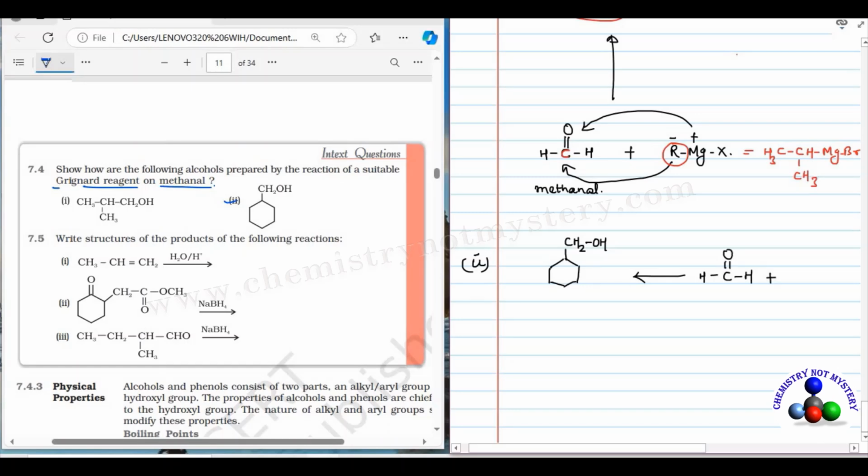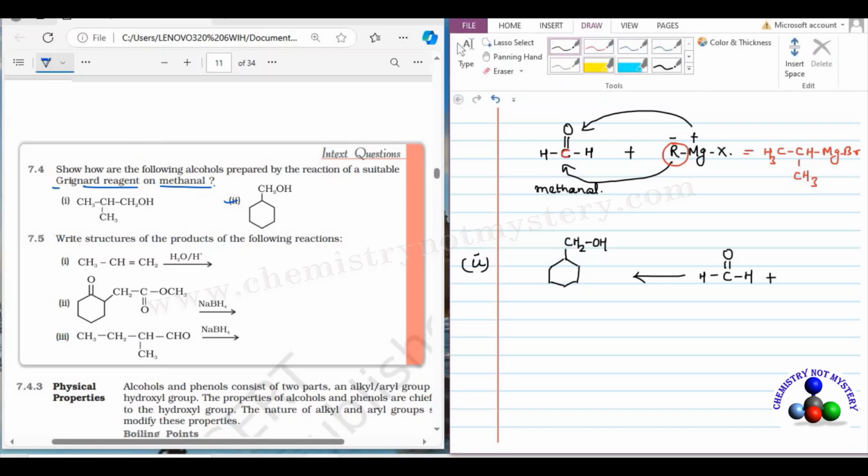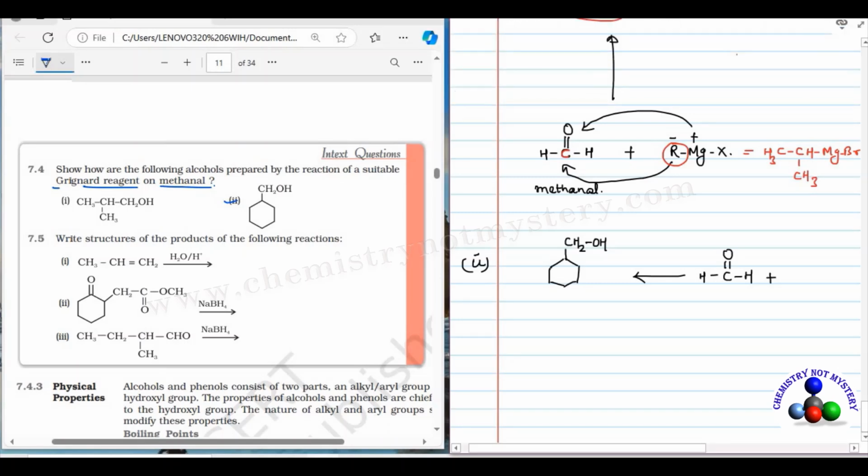Now you have to identify the R group from which this alcohol can be prepared. And you know, the alpha carbon in this alcohol is the same carbon of methanal. So now you know the carbon of methanal is this. So identify the alkyl group. So obviously this will be the alkyl group. So now you can draw the structure of the Grignard reagent.